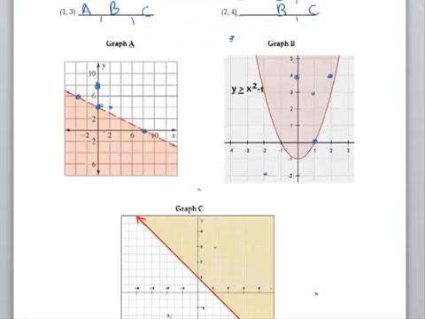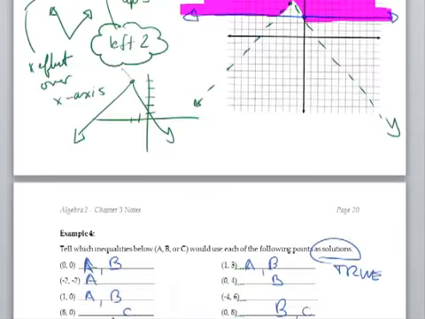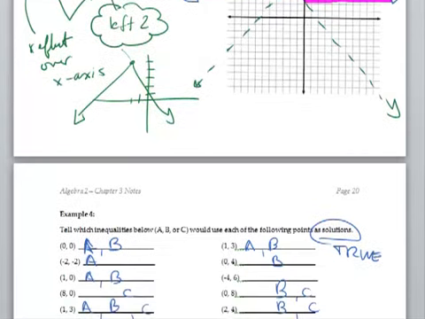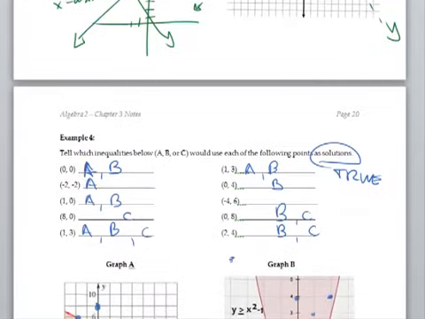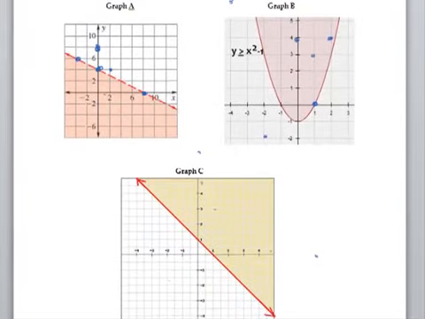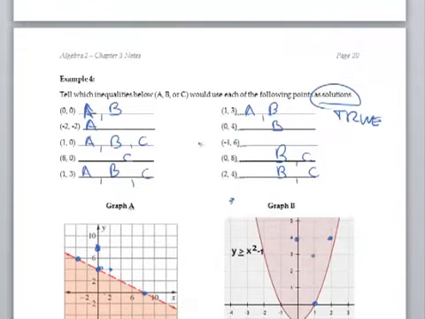Negative 2, 2 will not work. That's down here. We have points like 1 comma 0. 1 comma 0 lands right here, and it's a solid line, so we'd say that one works. And then we have 0, 4, yes, that one will work, and negative 4, 6, no. So this one worked for none of them there.